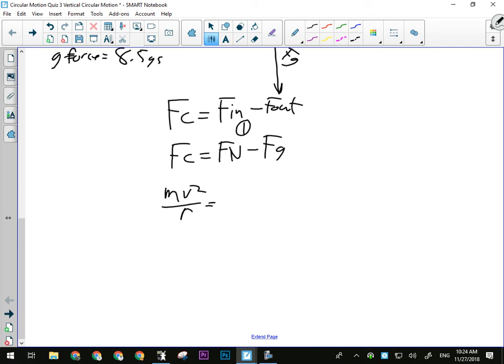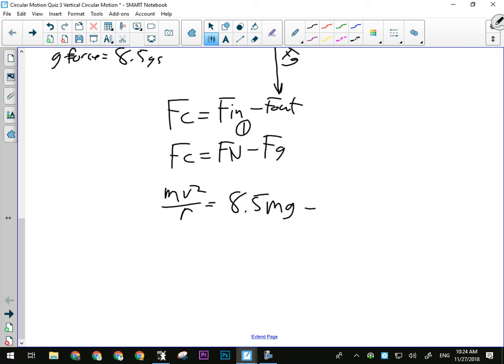So they feel how much heavier than normal? 8.5 times. So we have 8.5 here. And how heavy they are? No, that's their mass. They feel 8.5 times more than their actual weight. So that'd be 8.5 mg.